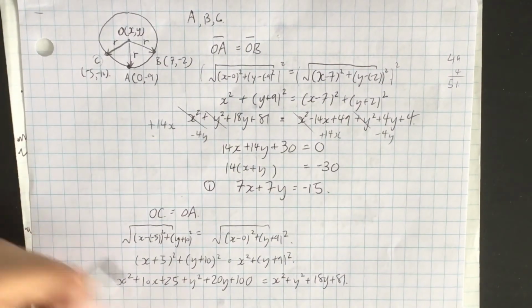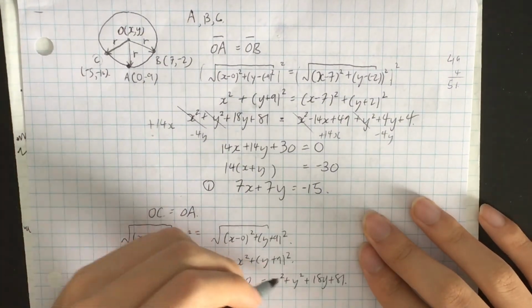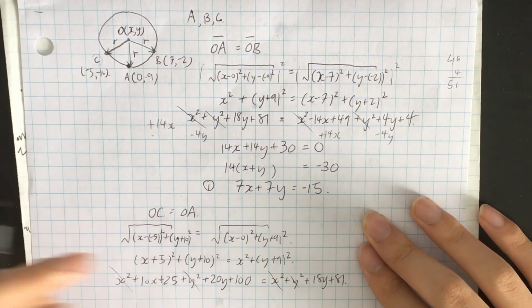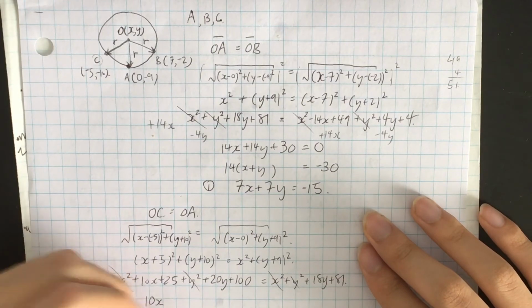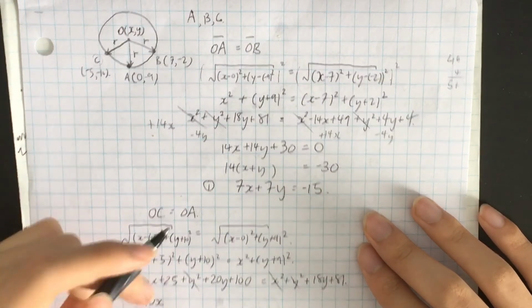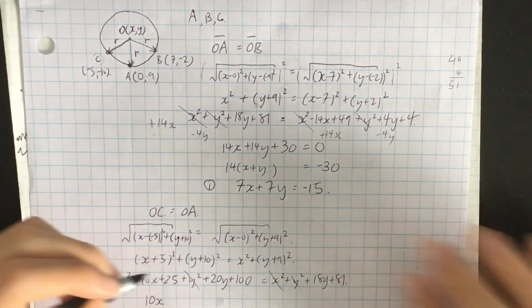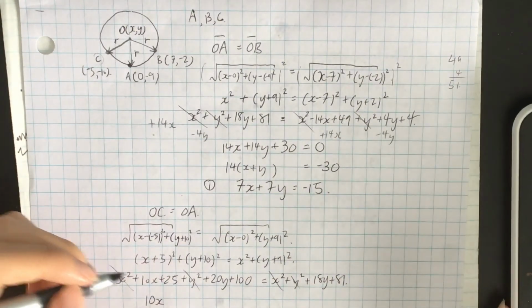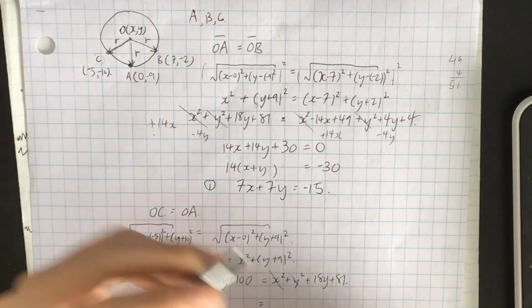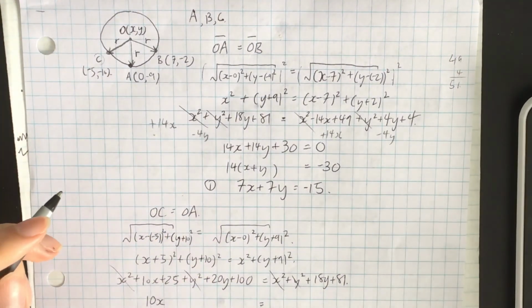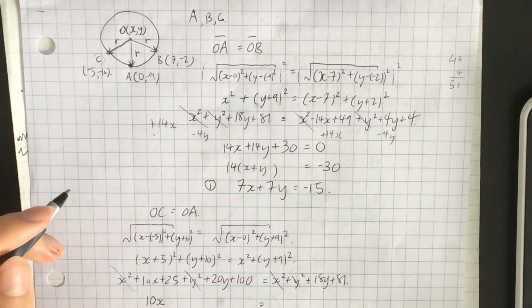And same as before, the x squared cancel out, and as well the y squared cancel out. And so we're left with 10x on the right hand side. And what we're going to do is move the constants to one side. So to do that, we're going to move the 100 to the right hand side.